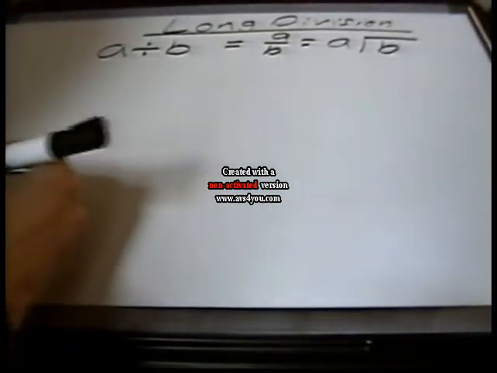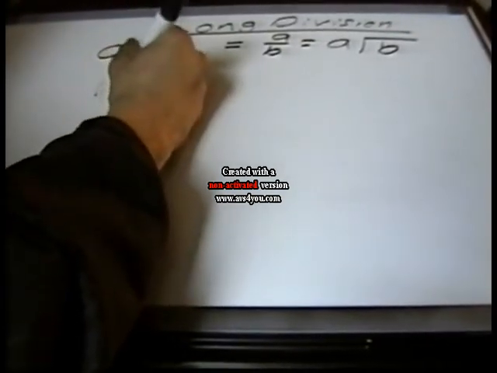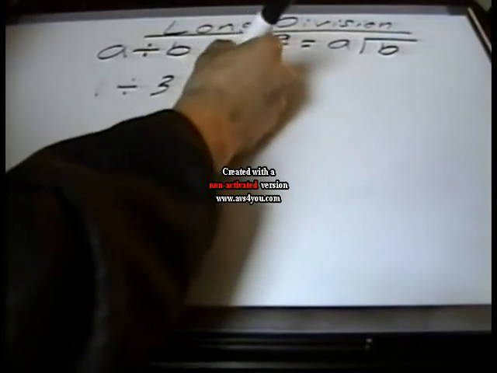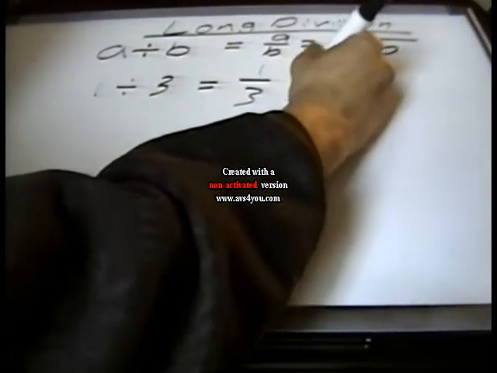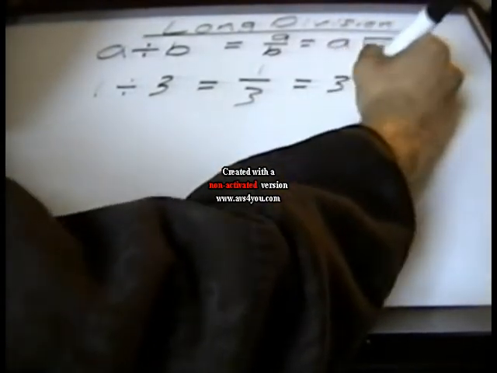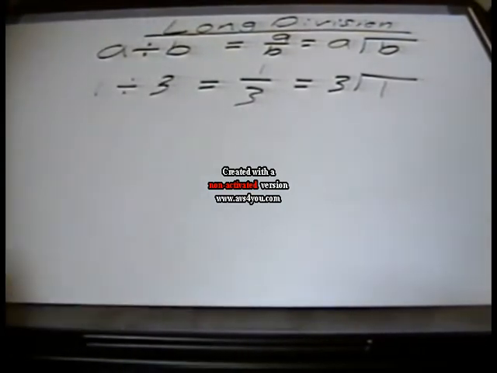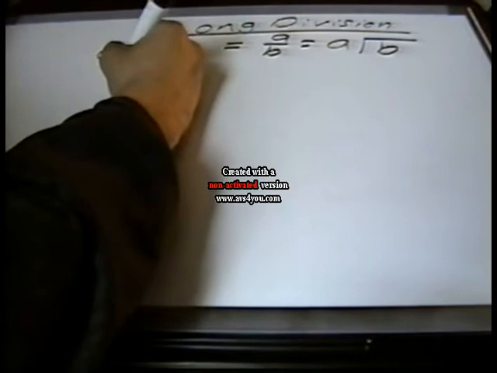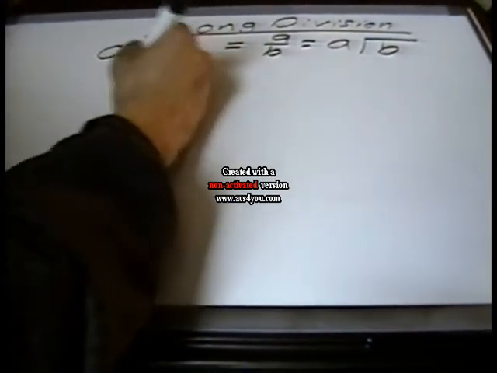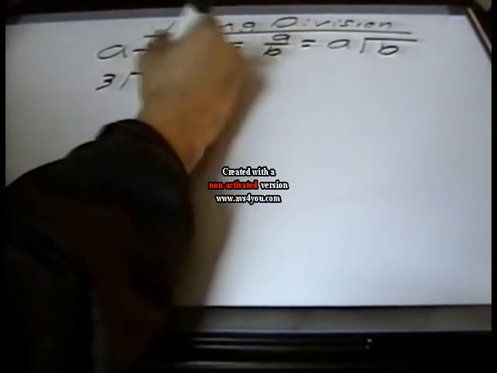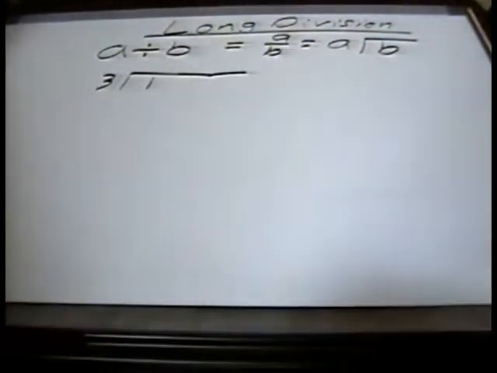One divided by 2. Now we're going to do 1 divided by 3, or 1/3. Now here, 1/3.